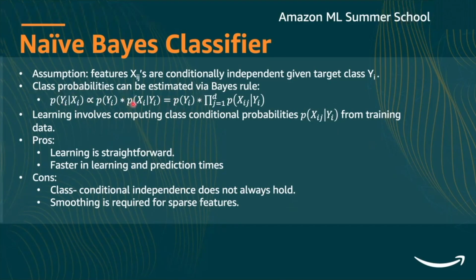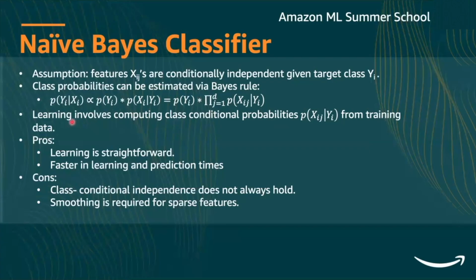For p of x_i given y_i, x_i is an apple consisting of, let's say, 3 features: red, round, and the diameter. Bayes theorem says that the features in x_i are independent of each other given y_i, and hence you can write it as the product of probabilities.